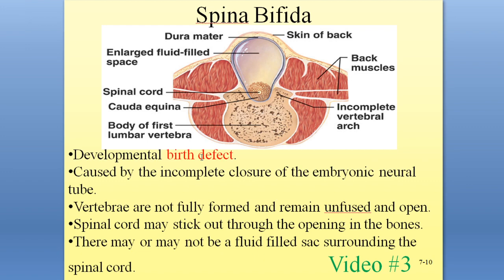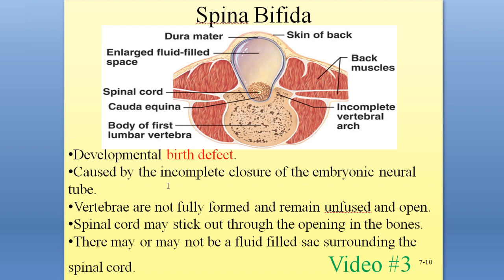Now, this can lead to severe disabilities because this spinal cord can protrude out of the opening that should be enclosed. And often a baby will have a fluid-filled sac that surrounds the spinal cord.